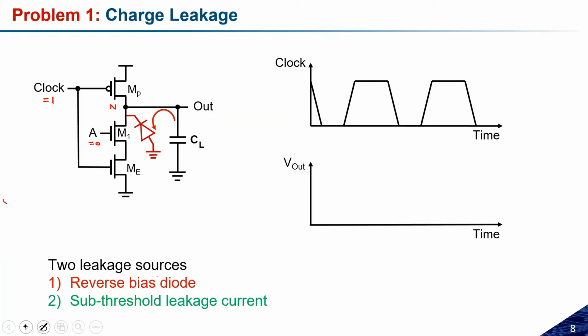The second problem could be the subthreshold leakage current. What is the subthreshold leakage current? Subthreshold means if VGS of any device is less than VTH, we call it the subthreshold region. Even though the device is in the off state, at the lower technology nodes the subthreshold problem is already there, right?